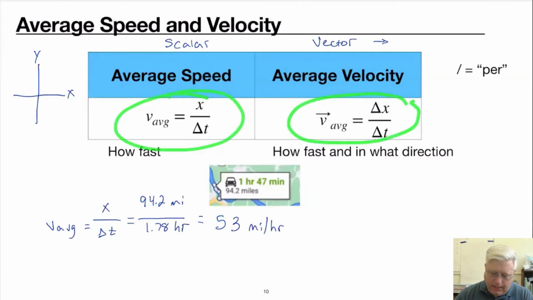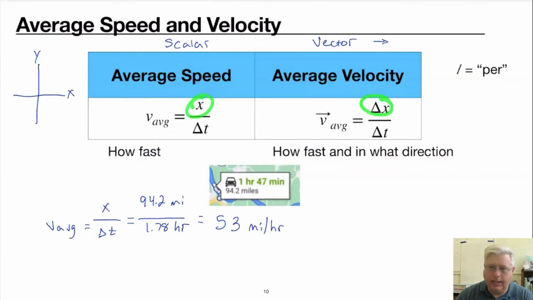Besides the arrow, the only other difference is that instead of X, I put delta X. Speed is a scalar quantity, so we just care about the distance. Your car is putting 94.2 miles on it driving that length.